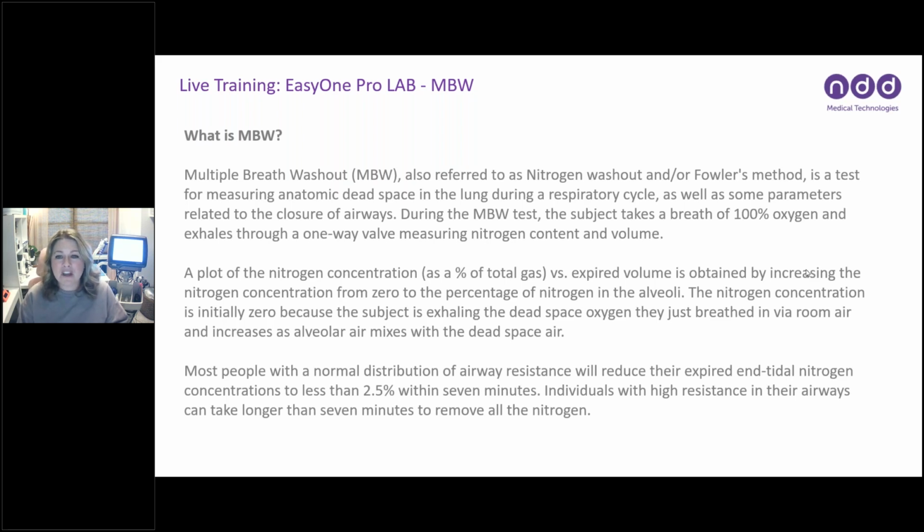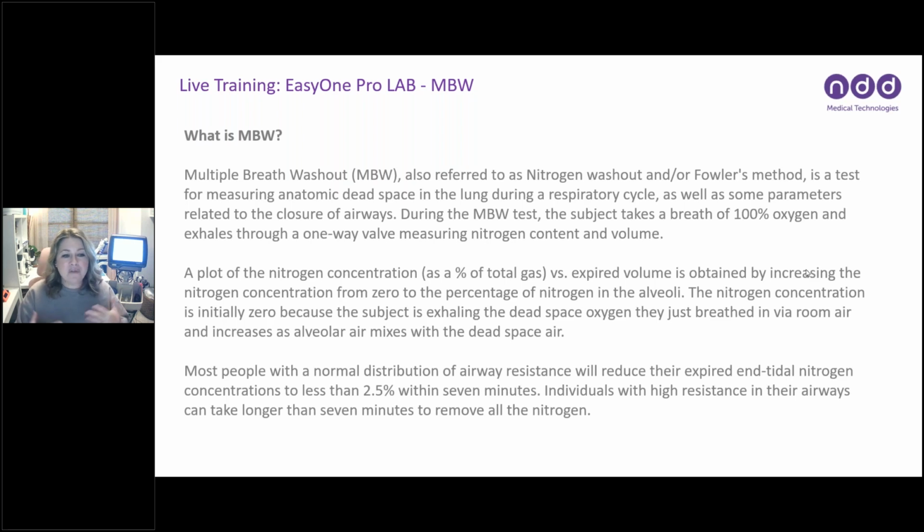During a multiple breath washout test, the subject takes in breaths of 100% oxygen and then exhales through a one-way valve, seeing how long it takes for them to completely wash the nitrogen out of their lungs.